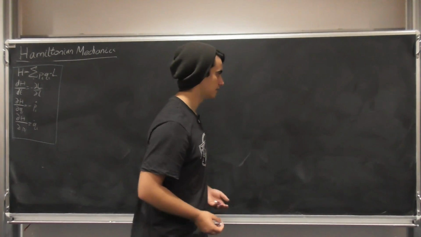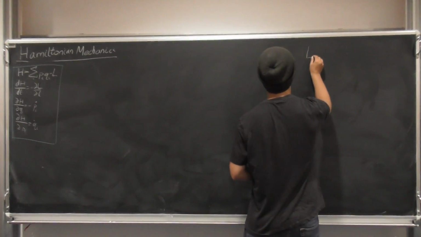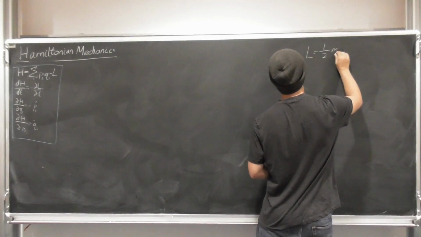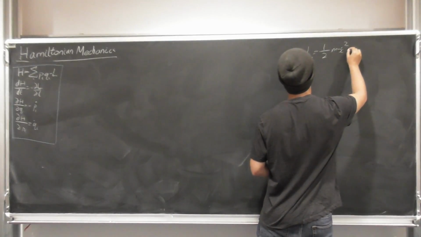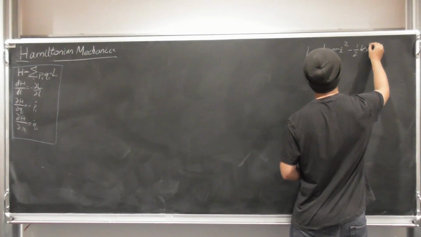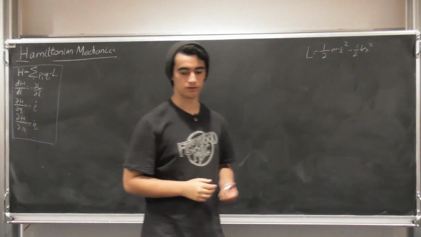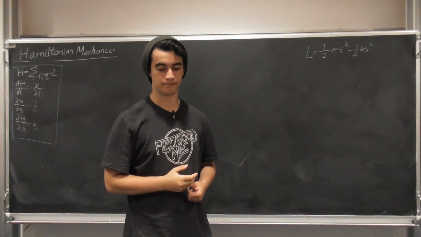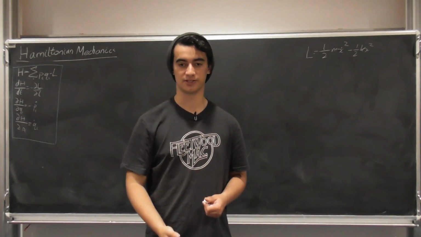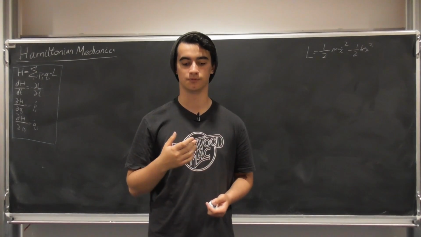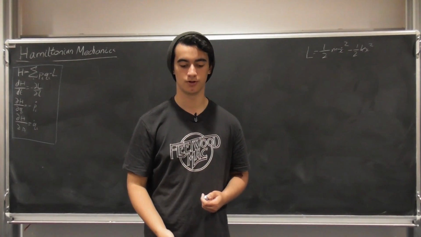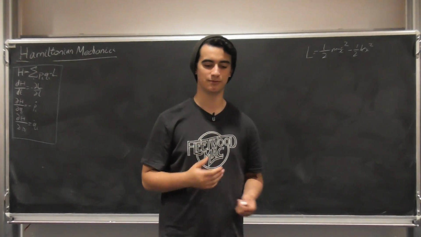So if we say that a harmonic oscillator has Lagrangian L equal to a half m x dot squared minus a half kx squared, we're going to use a little bit of a trick to get this into our phase space, right? So we want it in terms of some momentum p and some position q. Well, we're going to have to do this in a little bit of a different way.